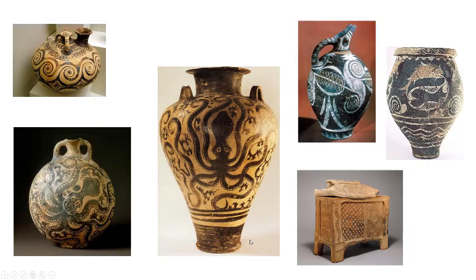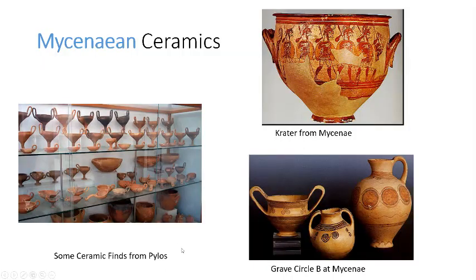Here's some of the Minoan fine wares. If you recall, we had an emphasis on the natural world, a special emphasis on the sea. The Mycenaean ceramics differed. We didn't get that same emphasis on the sea and the natural world.